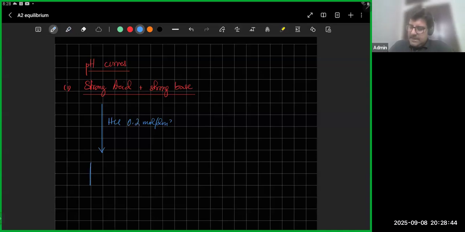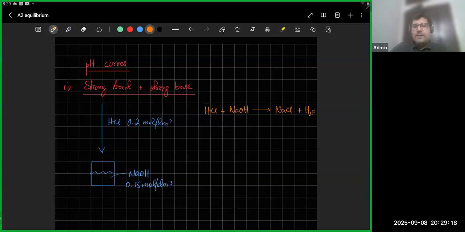And in the bottom, there's a flask which has NaOH, and that NaOH has a concentration of, let's say, 0.15 mole per dm cube. Okay, so HCl and NaOH are reacting. We know what the reaction is. It's HCl plus NaOH, and it's going to produce NaCl plus H2O, right?